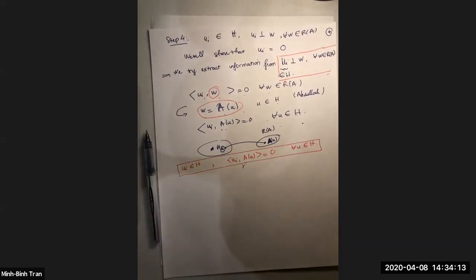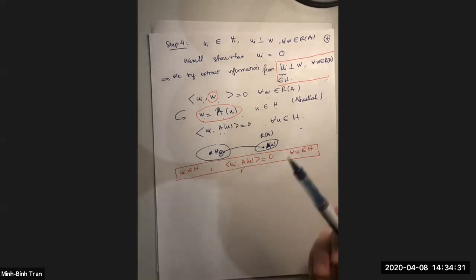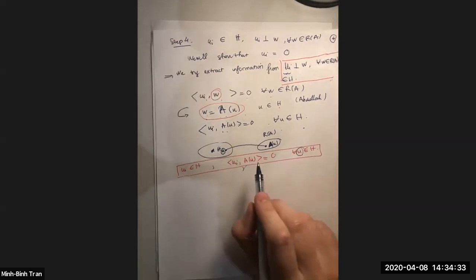Now I'm going to have to extract some more information from this. What do I have? Remember that here you have something which is true for all of the u in H, right?